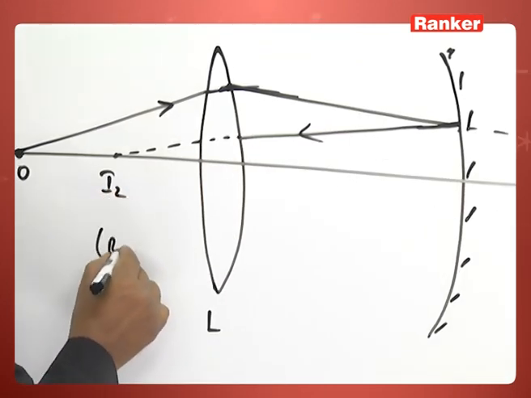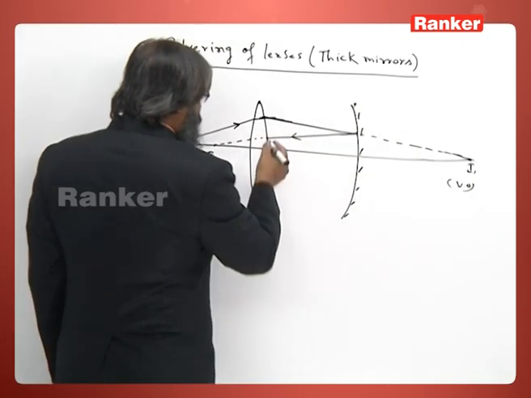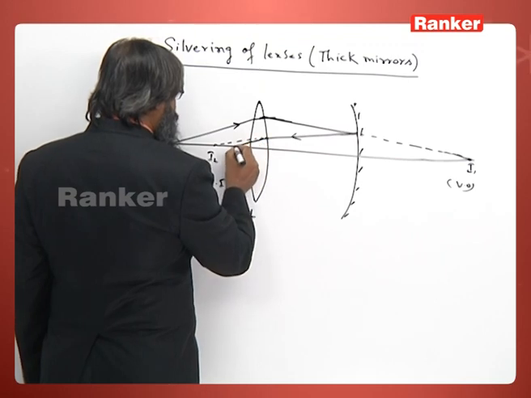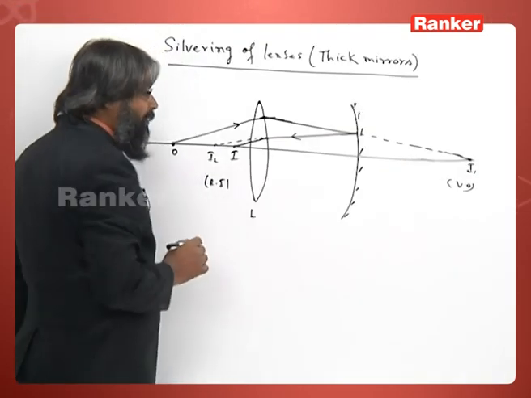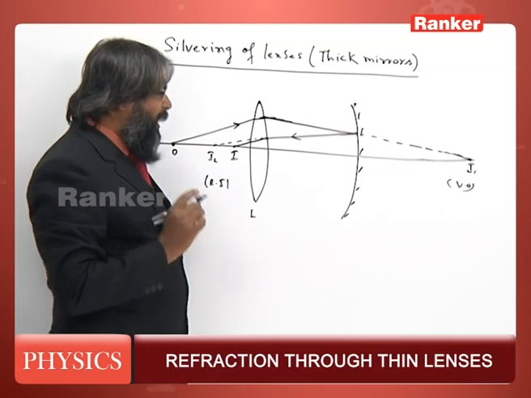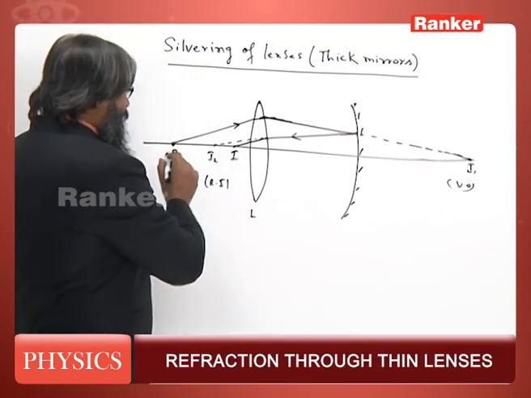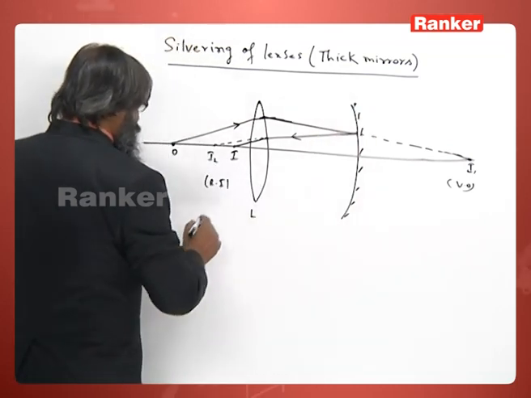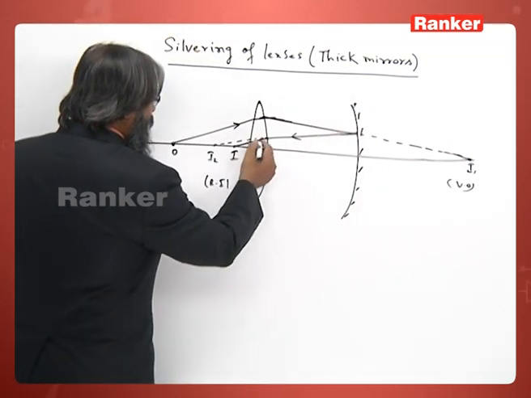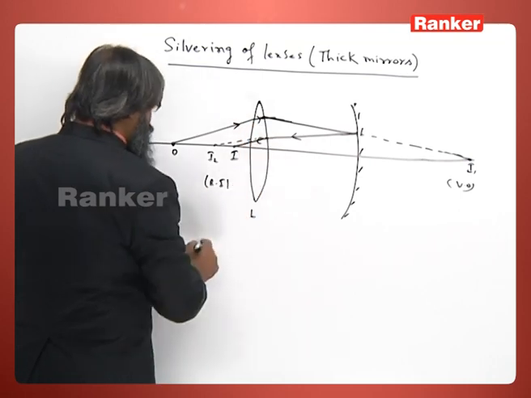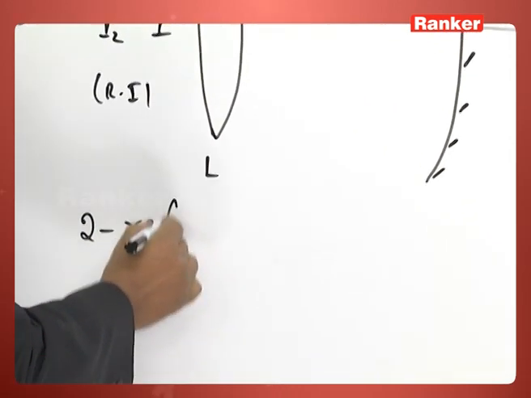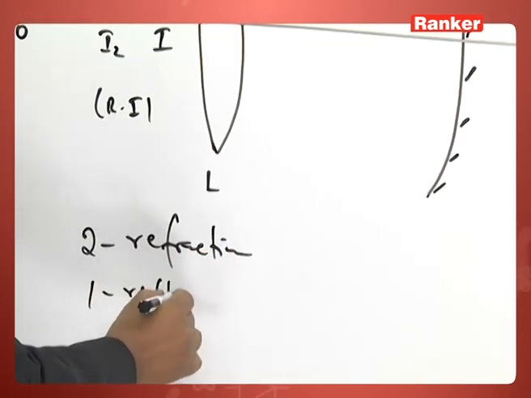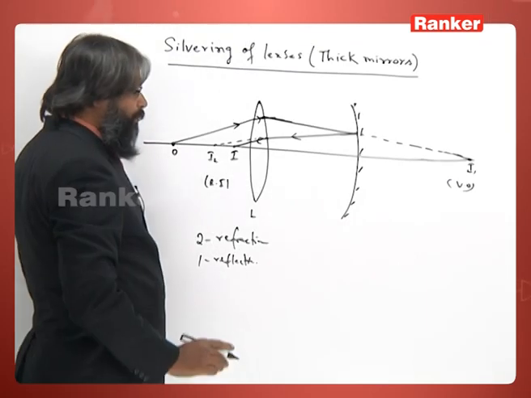This is the real image due to the mirror only, but again here this is a converging lens, which further converges it, and the final image is formed at I. So, you see, if this is a lens and a combination of mirror, then 2 times the ray passes through the lens. So, 2 refractions and 1 reflection is taking place.